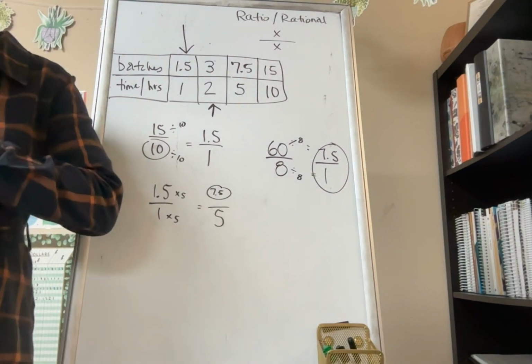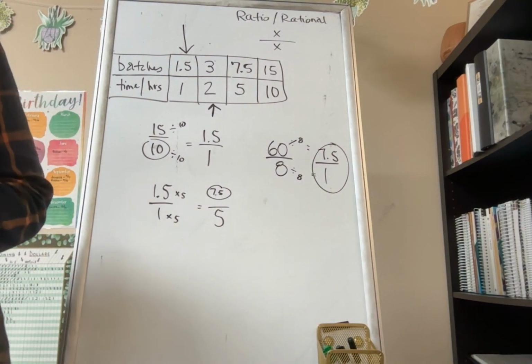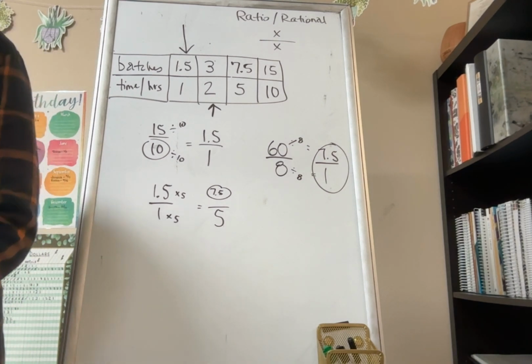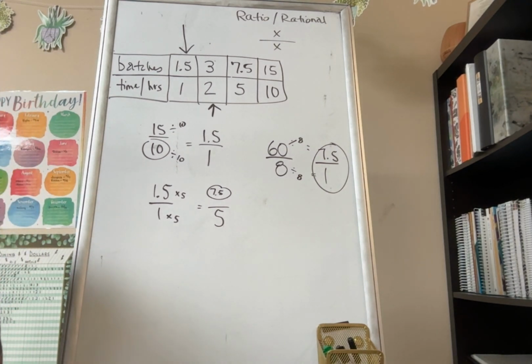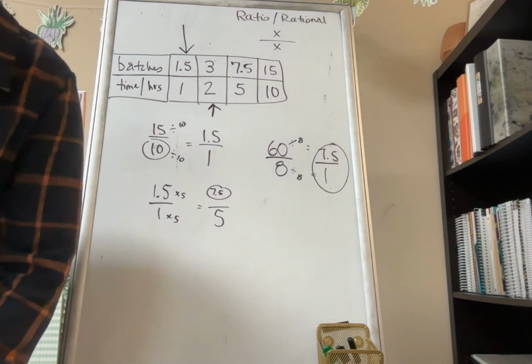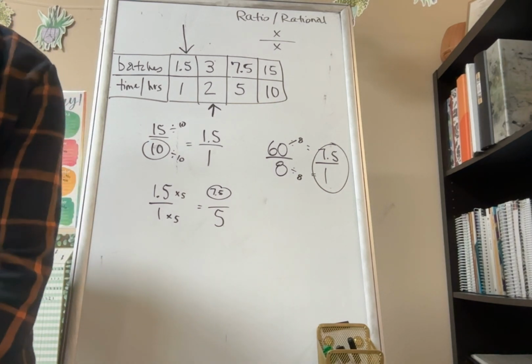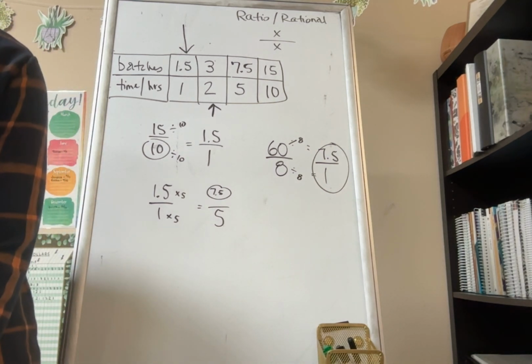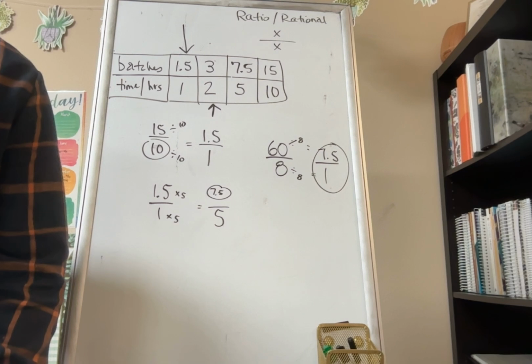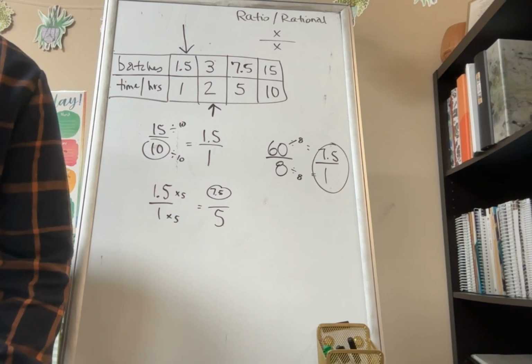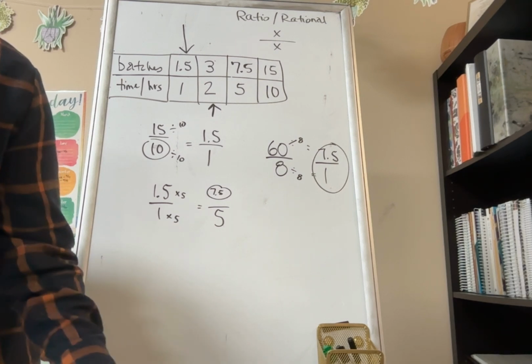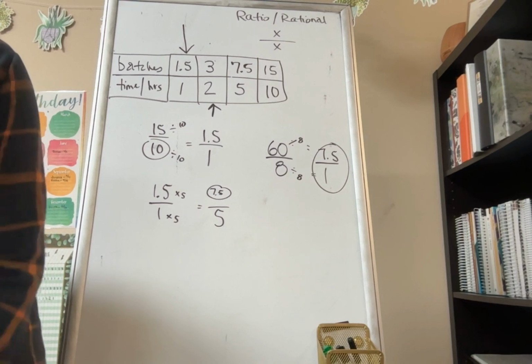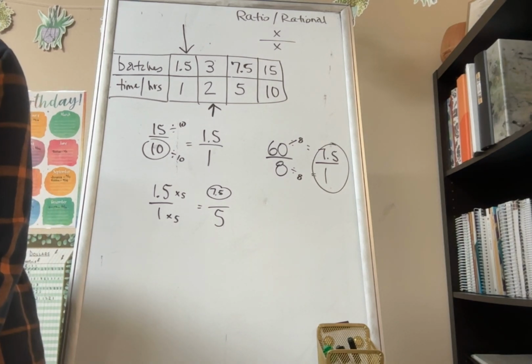So let's look at what our assignment might look like for this lesson 7.1. We're actually going to do 1 through 25 all.